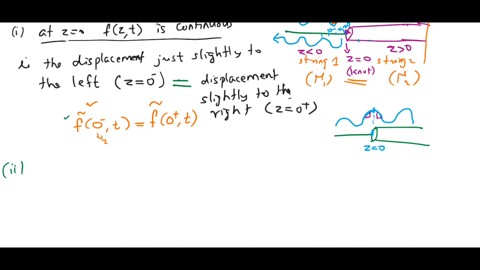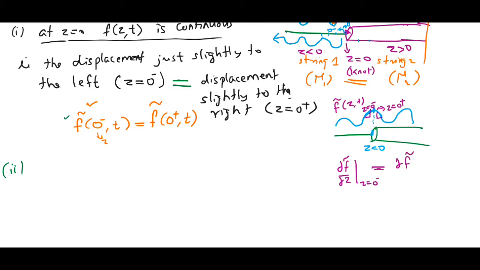What is the slope? If I represent this wave function as f of z, t, then the slope of the wave function means dou f by dou z at what point? z is equal to 0 minus point. Assume that this is z is equal to 0 minus point and this is z is equal to 0 plus point. The wave function slope at the two points will have the same value.